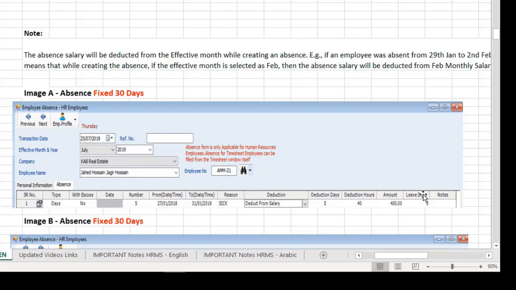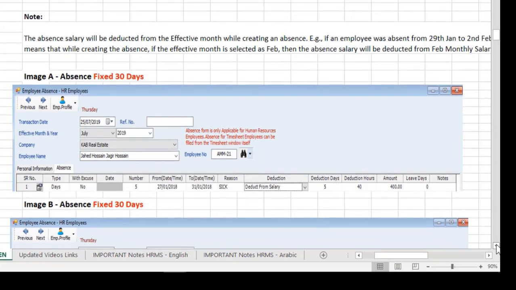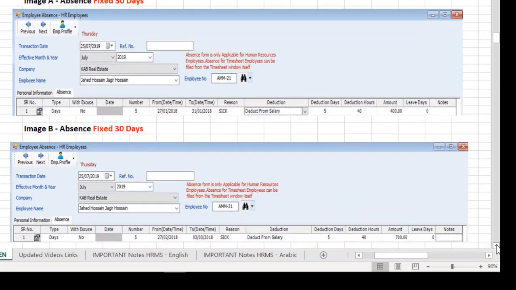Notice here the leave days were 0 because the deduction type we have selected is to deduct from the salary, so there would be 400 deducted from the salary. So always keep in mind that this will be deducting based on fixed 30 days.